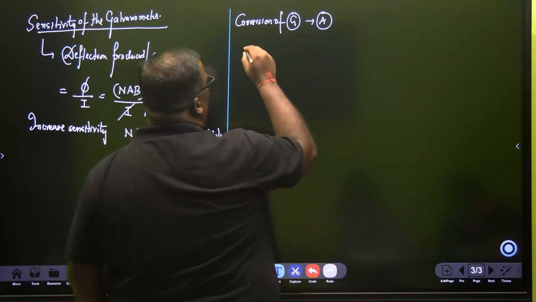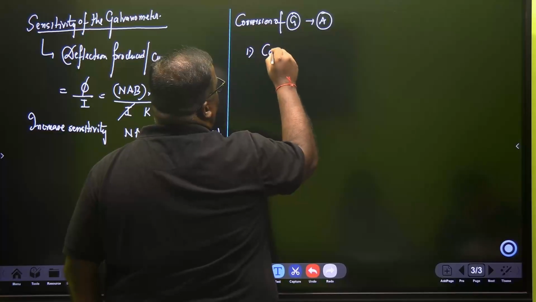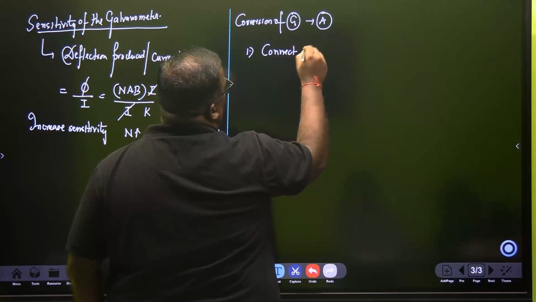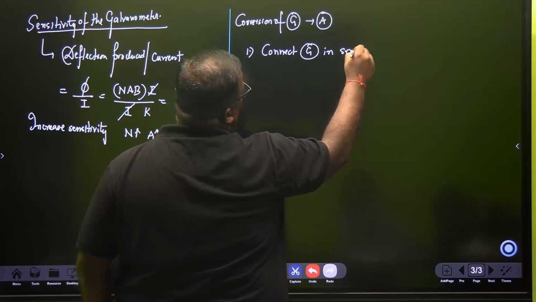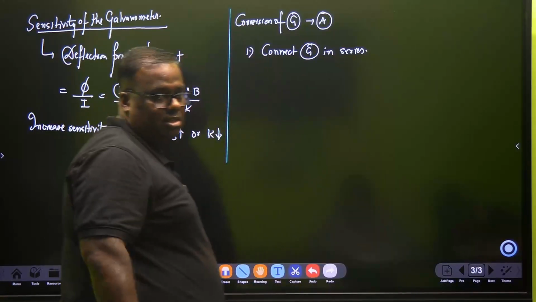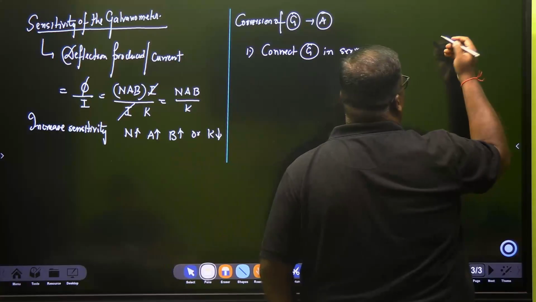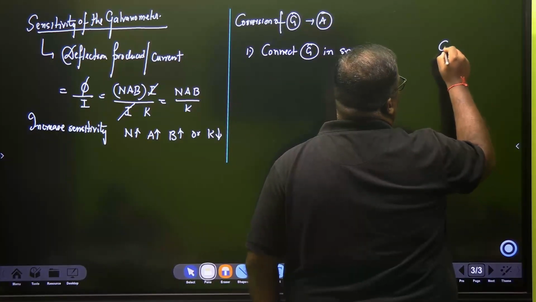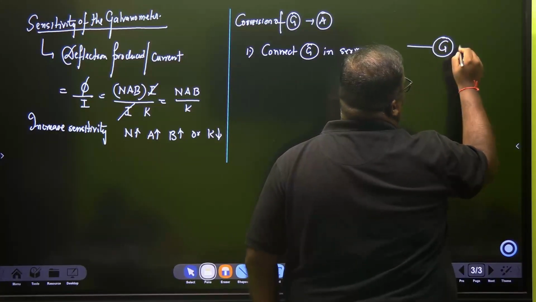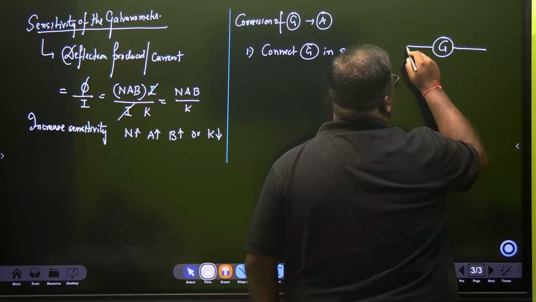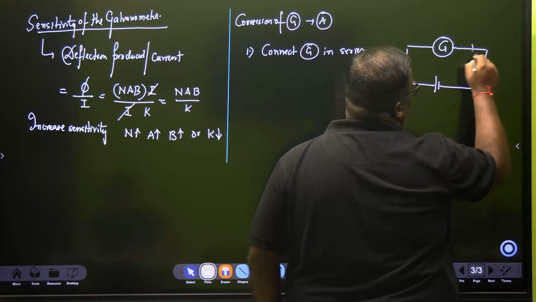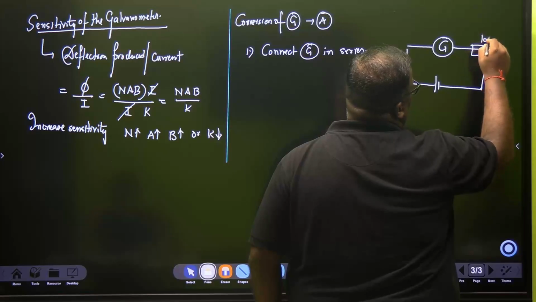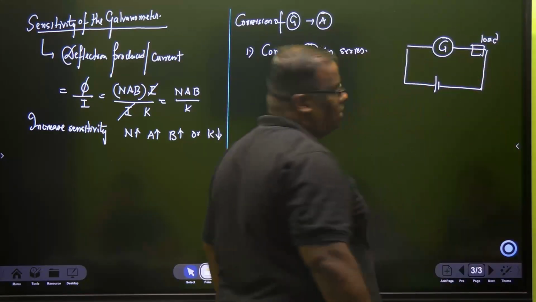So the first thing you should do is connect the galvanometer in series, because an ammeter is also connected in series. Let us say I have a circuit. Now I am bringing my galvanometer, and I will connect it in series with that particular circuit. And there is some load out here. This is the load.